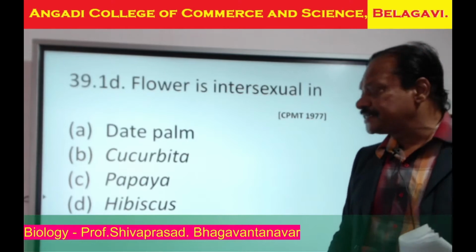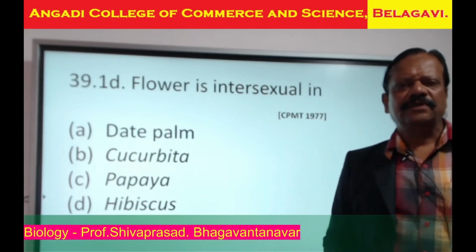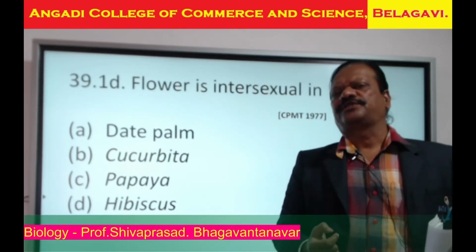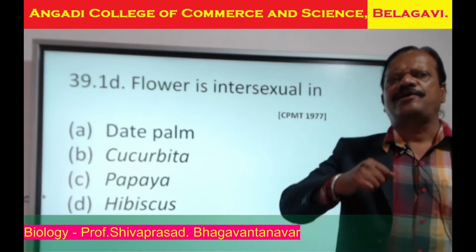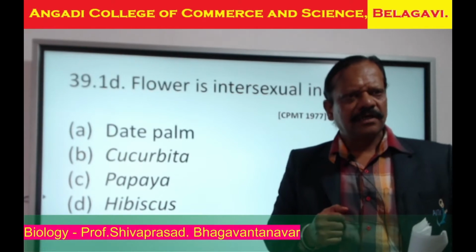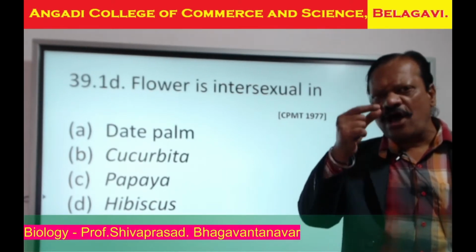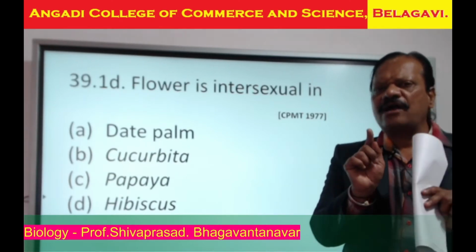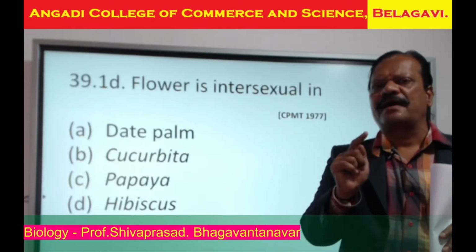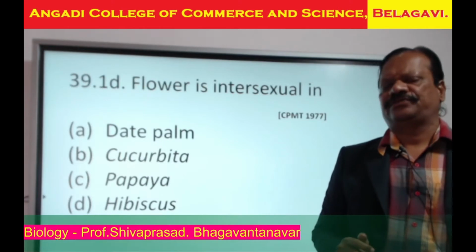Why is it? It is only because the androecium and gynoecium, they are very close to each other. On the upper side you can see the stigma, and below that a long elongated pipe-like structure you can observe, and on the side of it many androecium are arranged.